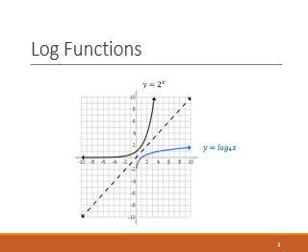Again, if I pick a point on the black graph, like 2 comma 4, that point, if you switch the x and the y, that would be 4 comma 2, which would be right here, and that point is not on the blue graph. So this logarithm is not the inverse of the exponential, and that's because of something we wanted to point out that maybe you already realized.